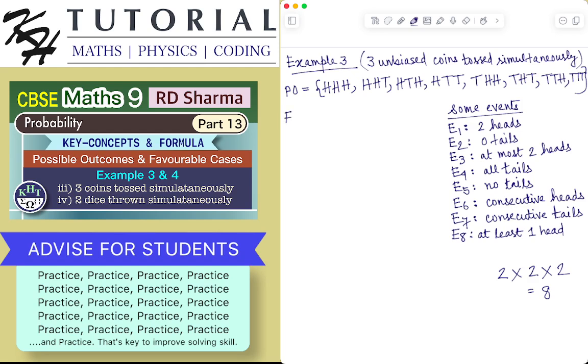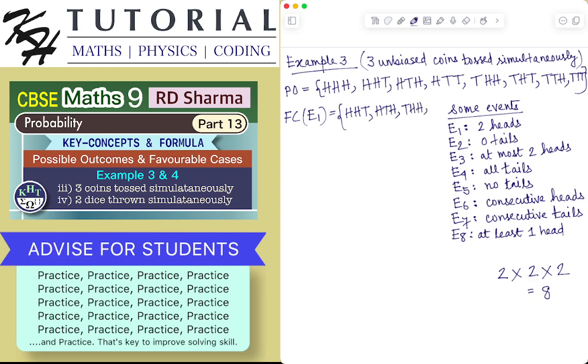The favorable cases of the event E1, if I represent them as a set from the possible outcomes PO, which are the possible outcomes that satisfy the condition of the event E1. Two heads: I can have head, head, tail. I can have head, tail, head. I can have tail, head, head.